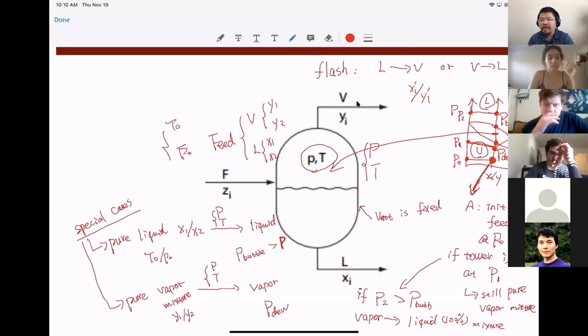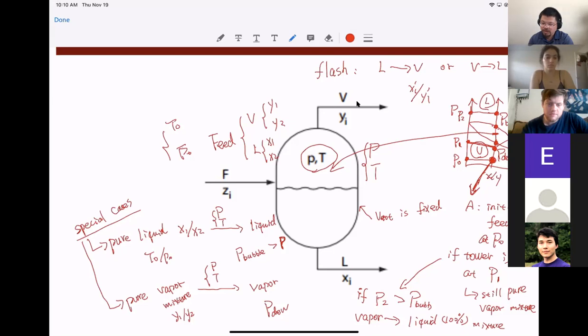For many chemical productions, we want to maintain liquid and vapor for the kinetic purpose, for the transport purposes. So this is why we need to maintain the P over there.